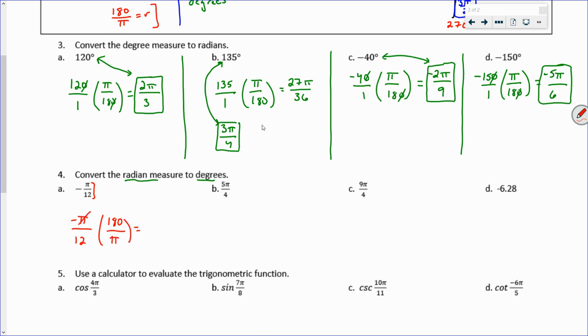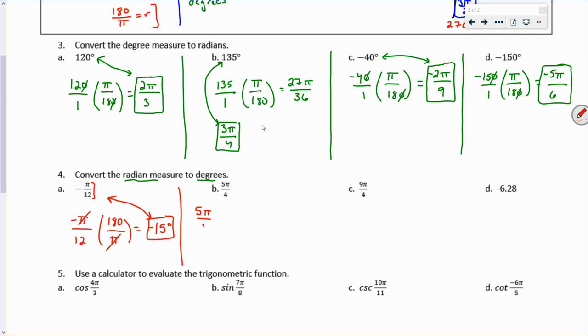What that allows me to do is go like this, and then what is 180 divided by 12, y'all? 15. So we got that negative. So really what we're saying is negative 15 degrees and negative pi over 12 are the same size angle.